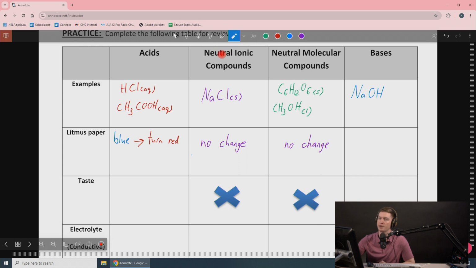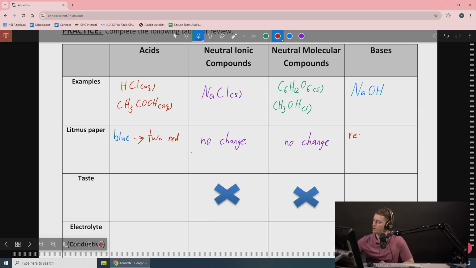That's because these compounds are neutral, and the litmus paper is a test for acid or base. So neutral in this context is talking about, is it an acid or a base? If you put red litmus paper in a base, it will turn blue. Think bases, blue, both start with B.